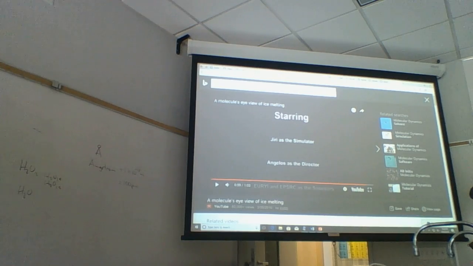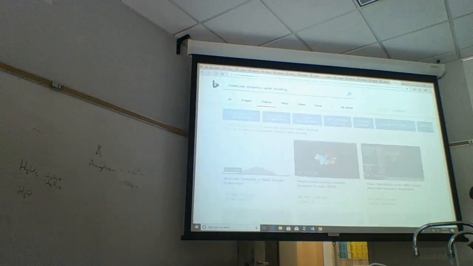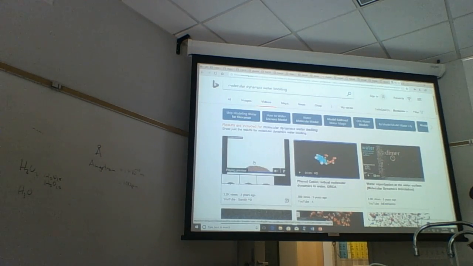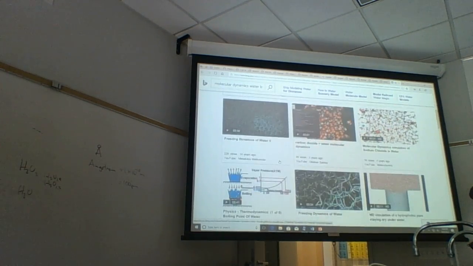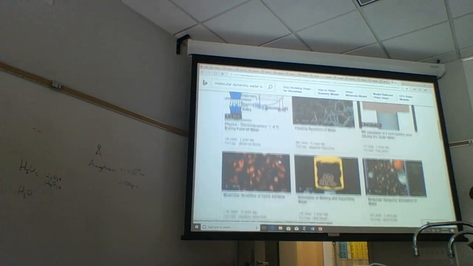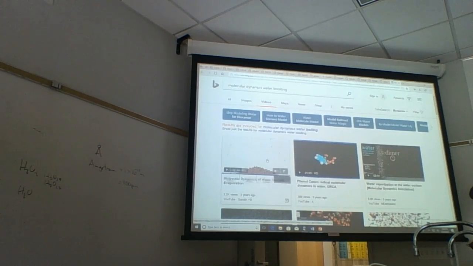And then the same thing, you can see molecular dynamics of boiling water. This is evaporation here.